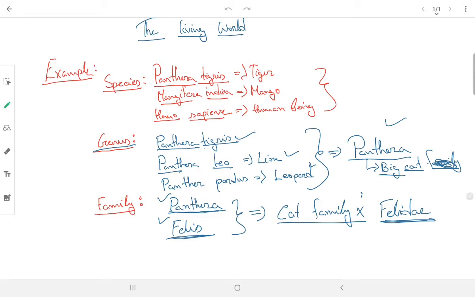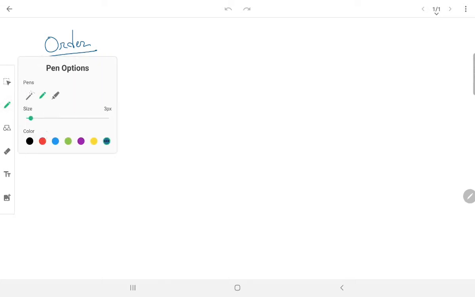Let's see more. After family, what will come? Order, right? Next is order. What will happen in order? Obviously, similar families will come and make an order.